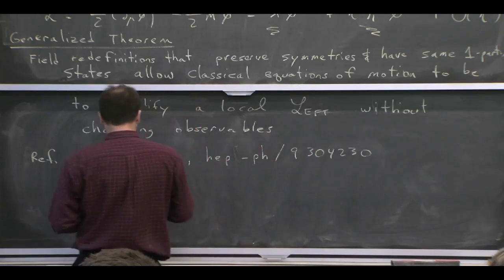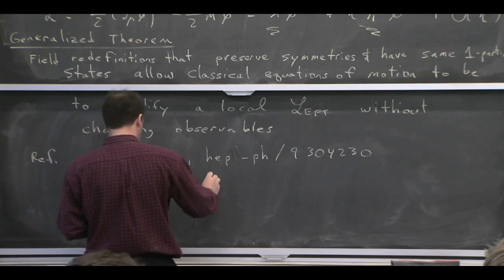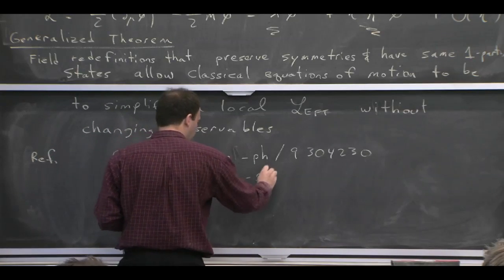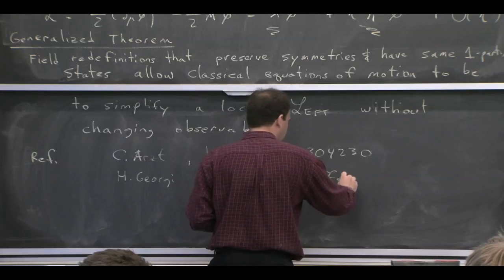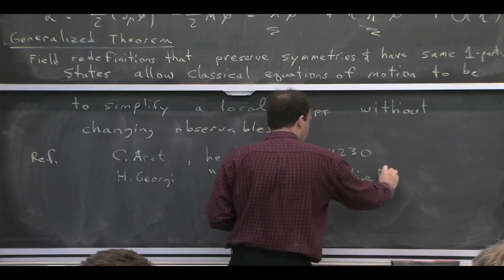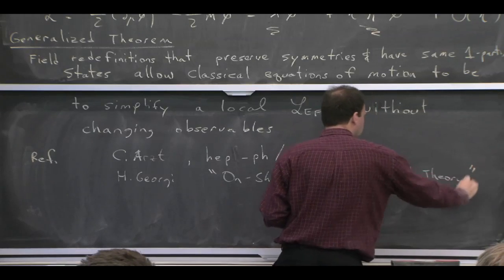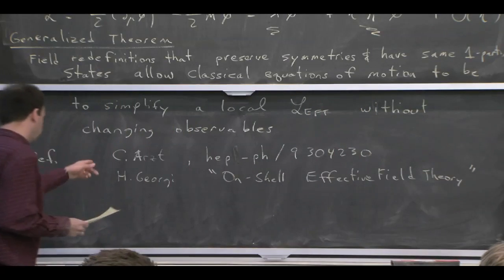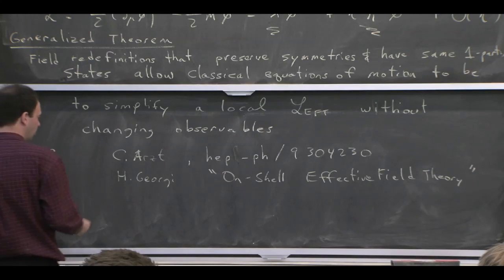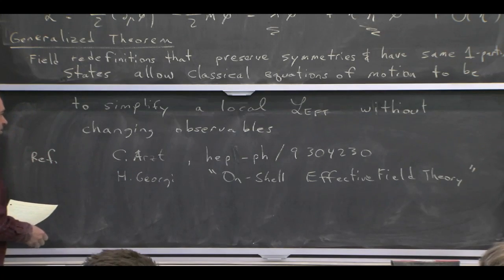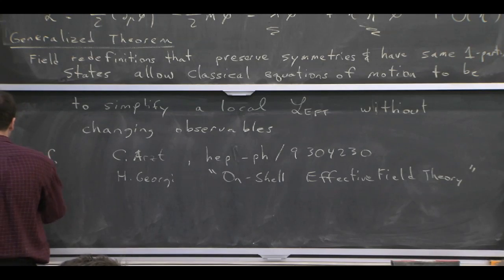There's also a classic paper by Howard Georgi, titled On-Shell Effective Field Theory. But I'll mostly follow the notation in this paper by Arzt in our discussion here. We'll go a little further than he does and elaborate a little more, but it's basically the same notation.